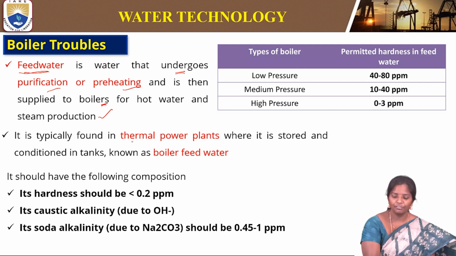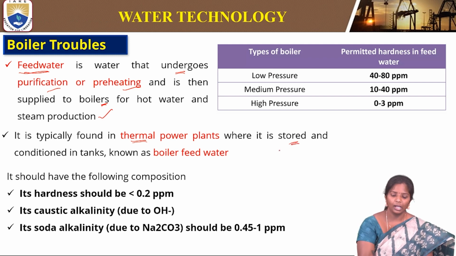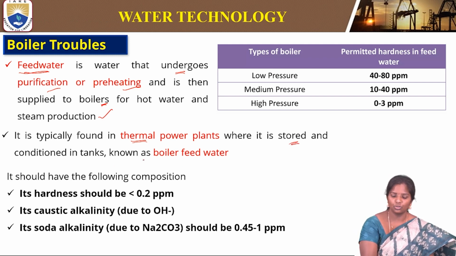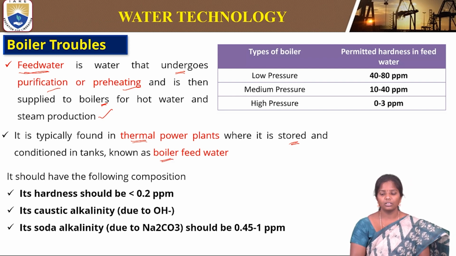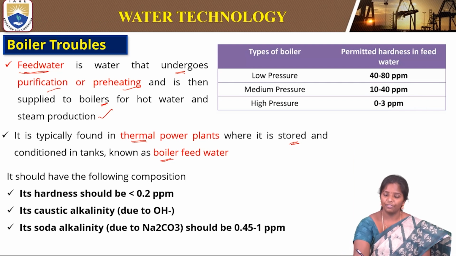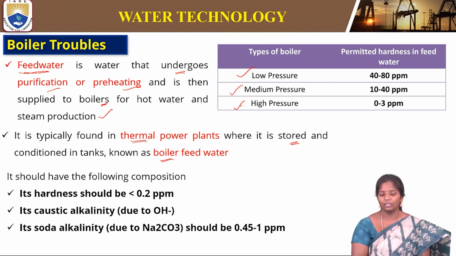This is typically found in thermal power plants where it is stored and conditioned in tanks known as boiler feed water. These boiler feed waters are different. There are different types of boilers, low pressure, medium pressure, or high pressure, and depending on that, there could be variation in the hardness.